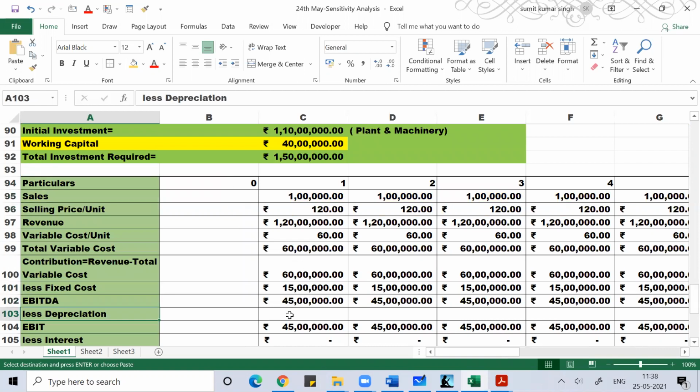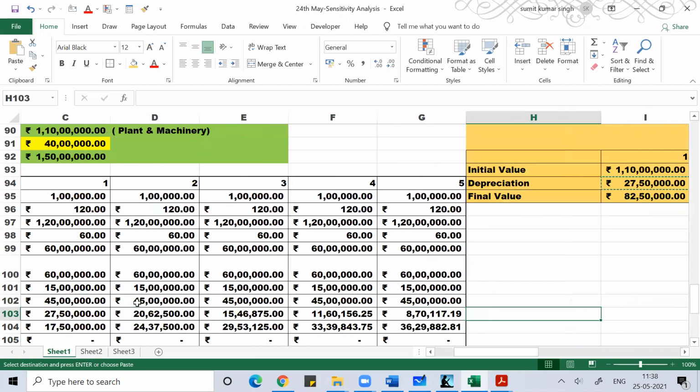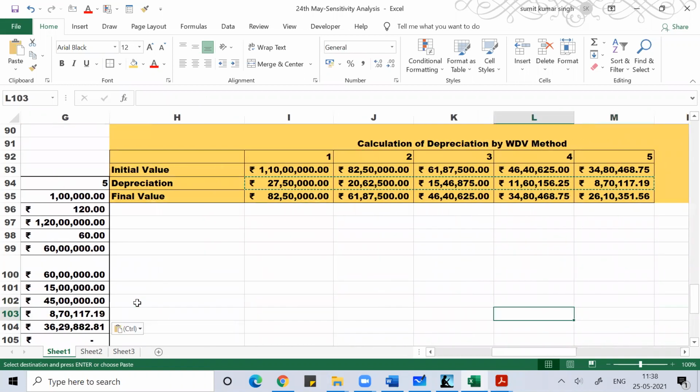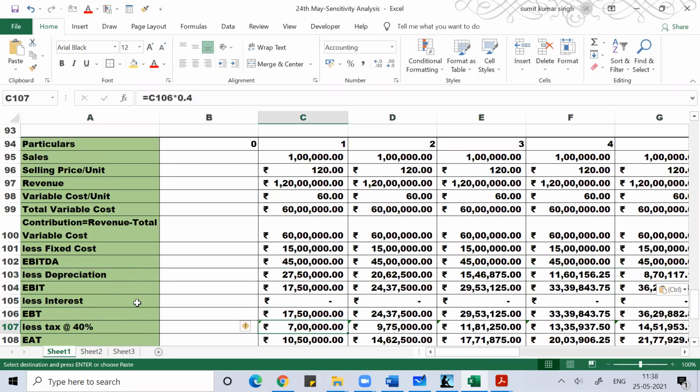I think by this time you should be in a position to understand what is changing and what is not changing. Your depreciation value will change.